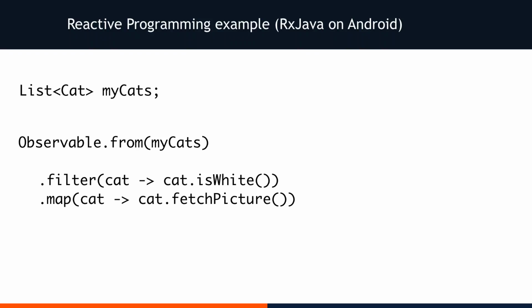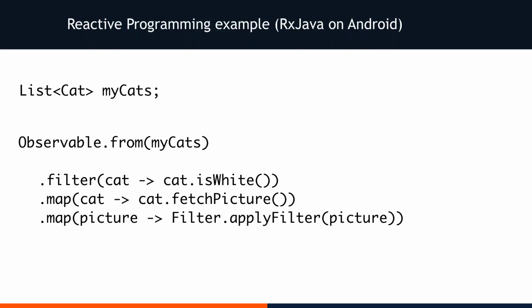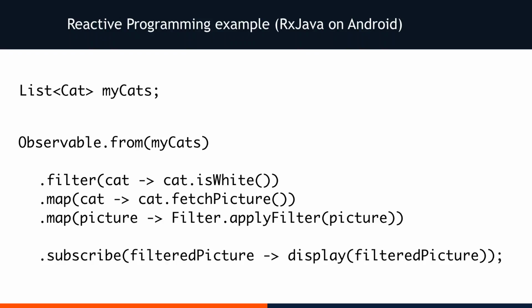The internet is usually full of cat pictures, and then return this picture. Subsequently, we can apply another map operator where we take one picture and apply a filter to it. At the end, we will be able to subscribe to this stream, and that will be our sort of final statement there, because we will receive a filtered picture after it has gone through all the processing steps of the stream, and display it.